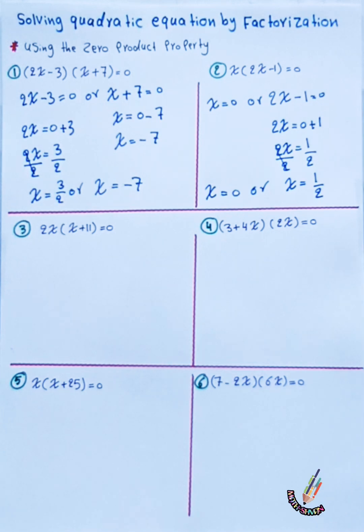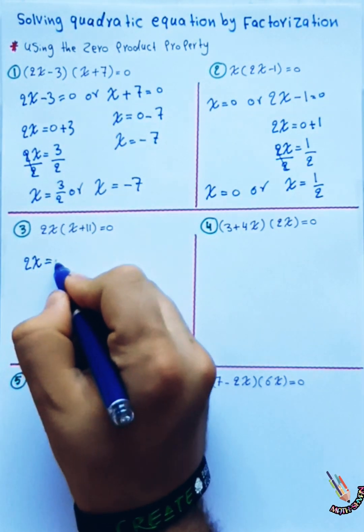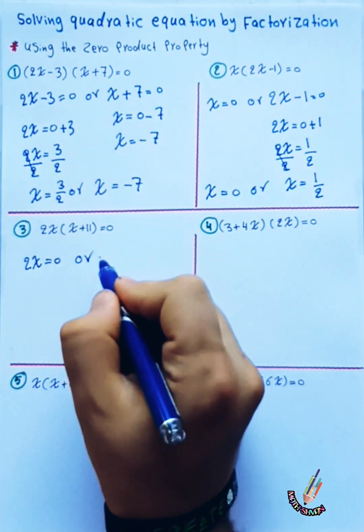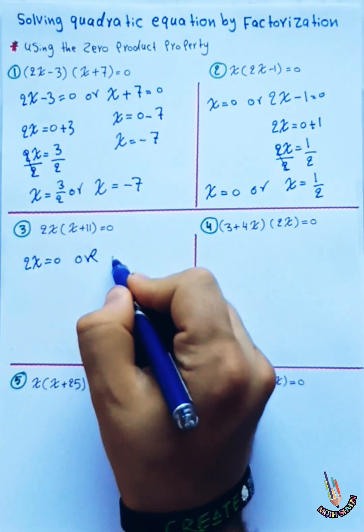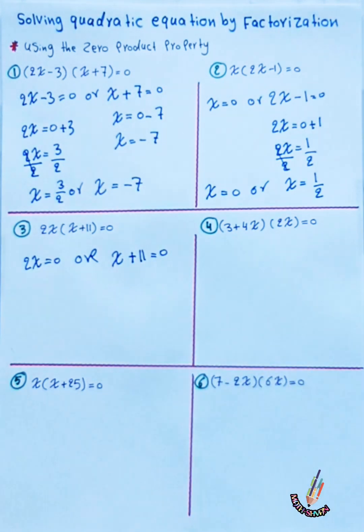Example number 3, we have 2x multiplied by (x plus 11) equal to 0. First, we have to make each equation equal to 0. So we have 2x equal to 0 or x plus 11 equal to 0.